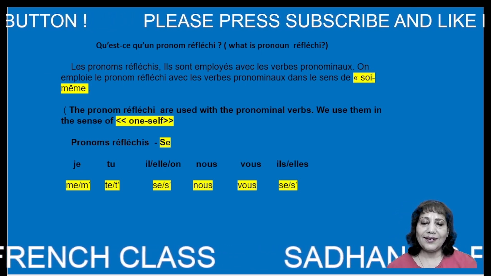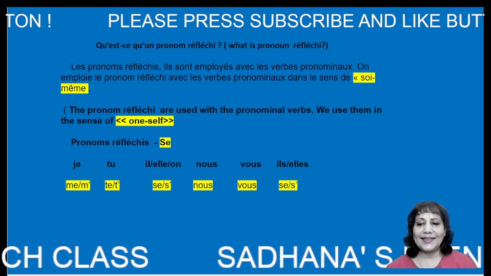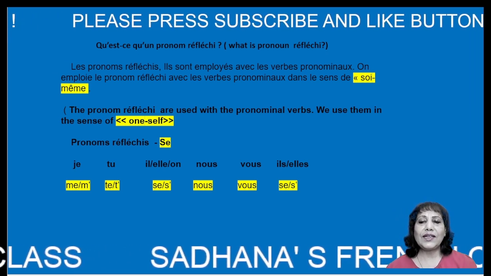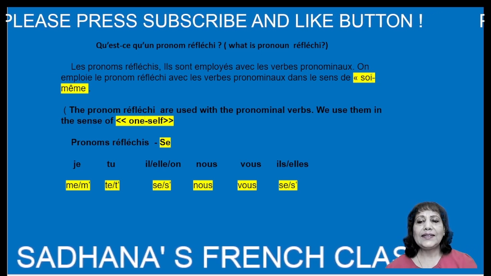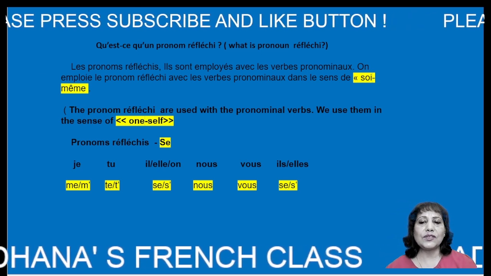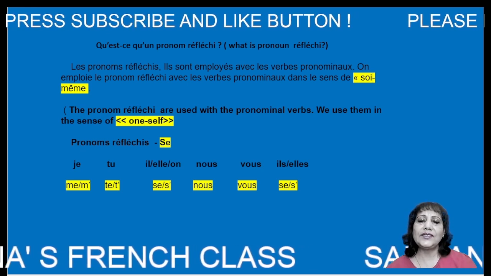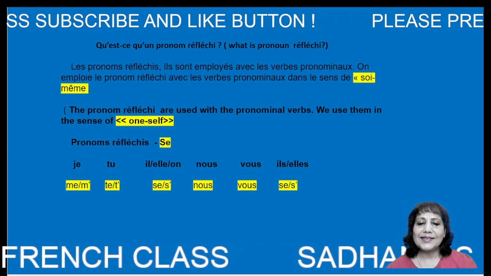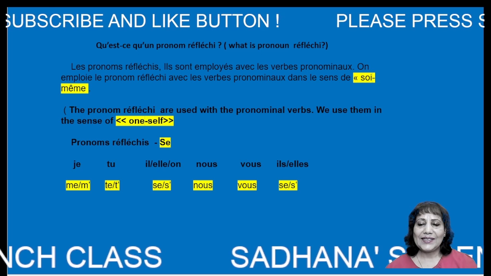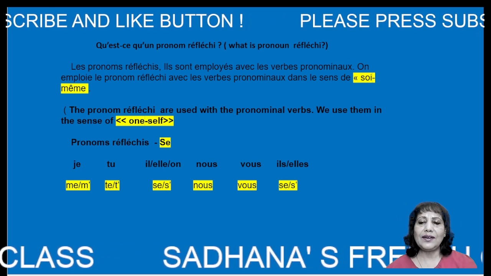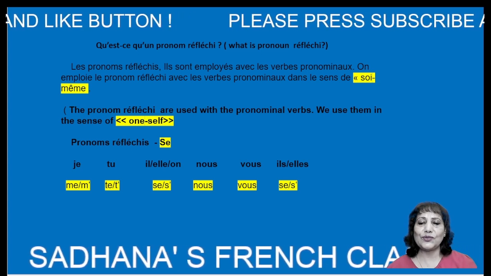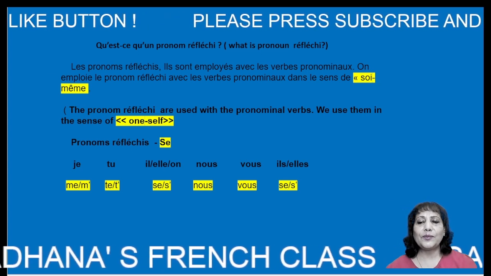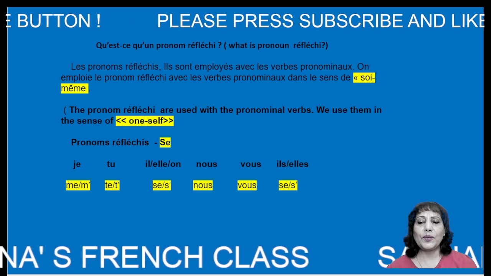And what are these? If you remember, se présenter. So these reflexive pronouns, or pronoms réfléchis, they change according to the pronoun subject. You can see I have highlighted the pronom réfléchi se, which is going to change with the pronom sujet, or pronoun subject.